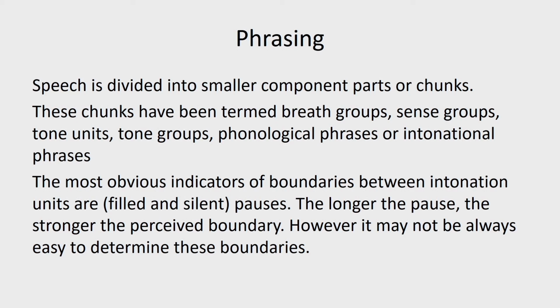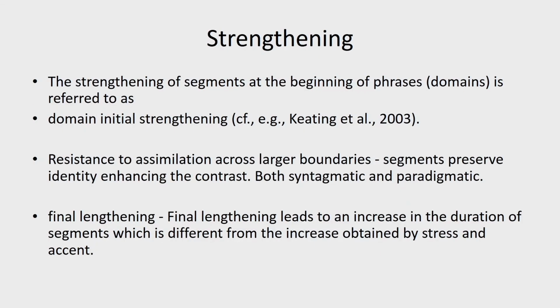And the most obvious indicators of boundaries between intonation units are pauses. So how do we know that there are chunks, that there are groups? Because we know that there are pauses. And the longer the pause, the stronger the perceived boundary. However, it may not always be easy to determine these boundaries.